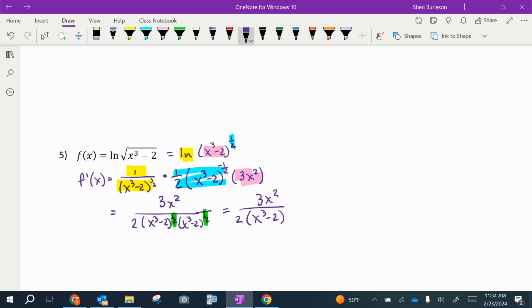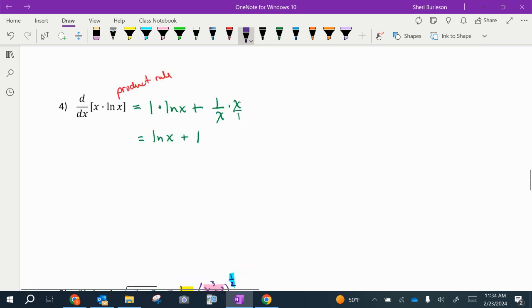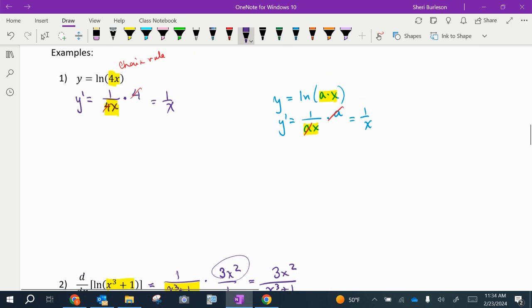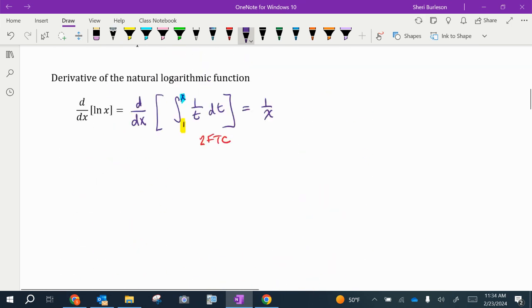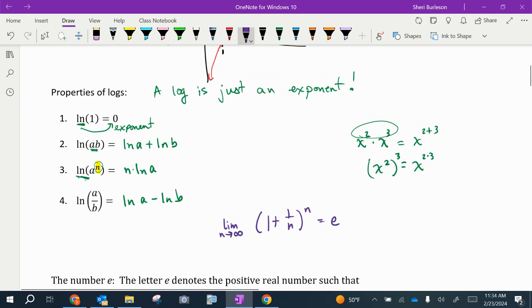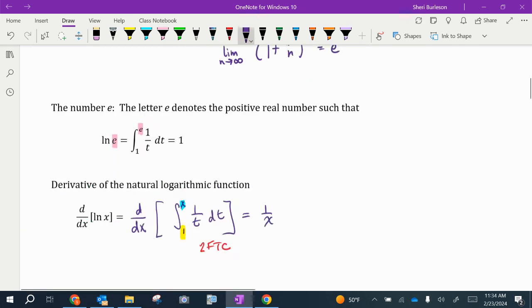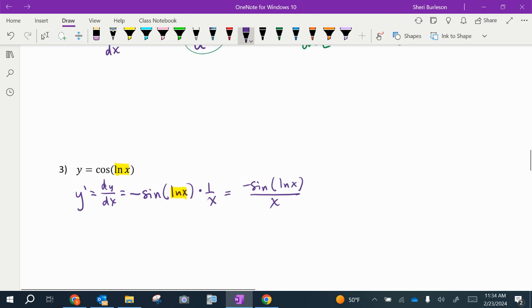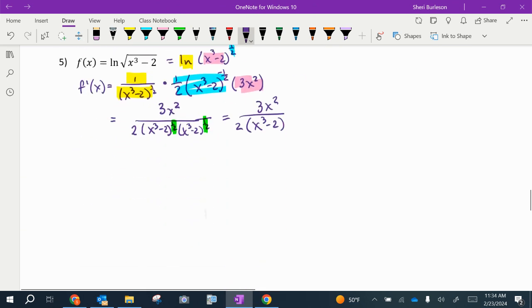Now, I don't like lots of chain rules, and we have properties of logs. And I know that if I have an exponent inside my natural log, I can bring that out front and make it a product. So I'm going to attempt this problem in a different way.